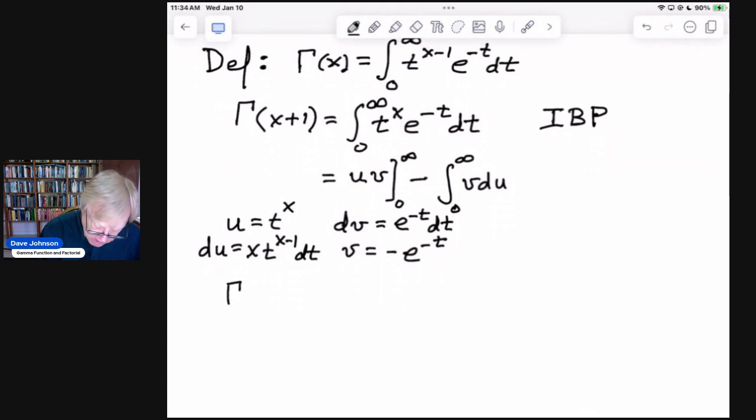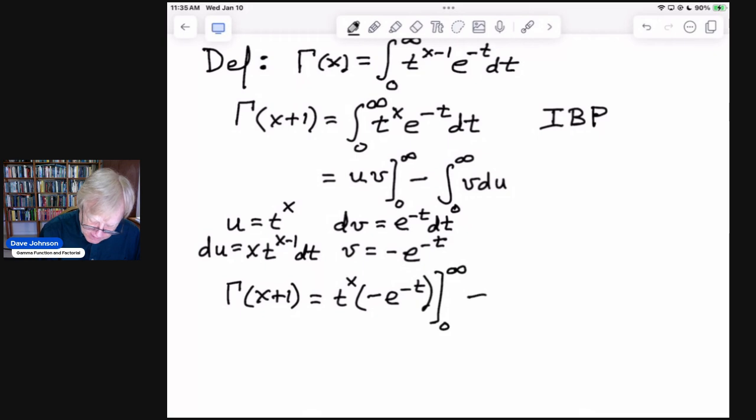So gamma of x plus 1 is equal to uv, so t raised to the x times negative e to the negative t, all evaluated between 0 and infinity, minus the integral from 0 to infinity of v du, so negative e to the negative t, that was v, and then du is x t to the x minus 1 dt.